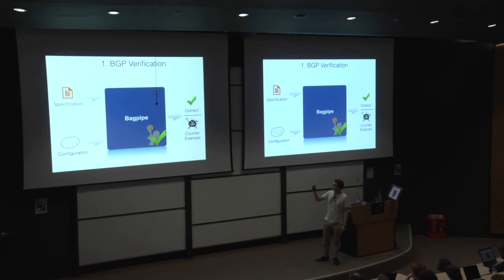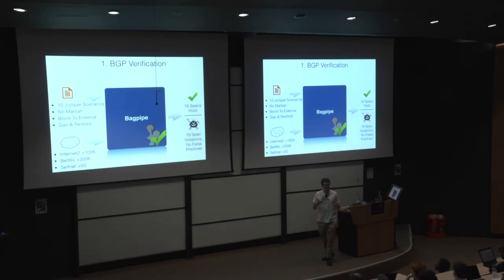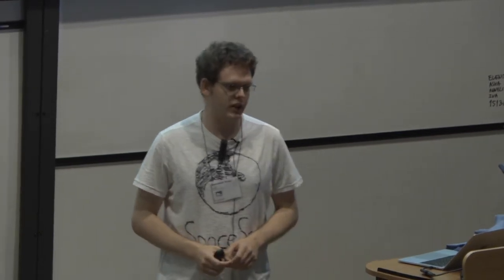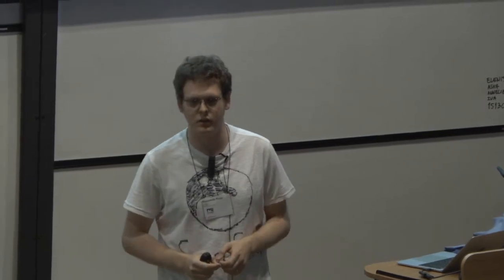We take a specification and a configuration and get counterexamples, right? And this is actually a real tool. This isn't just a little prototype. This takes real BGP configurations from real-world ISPs with hundreds of thousands of lines of code.